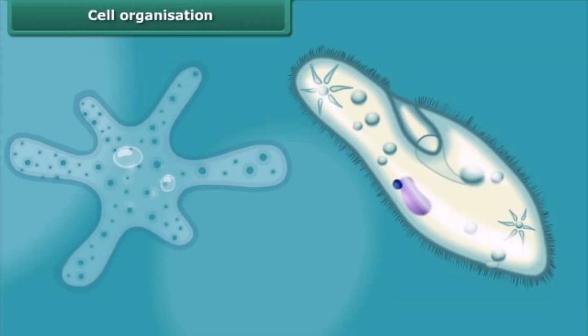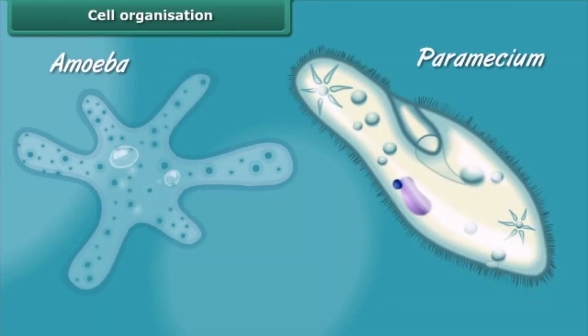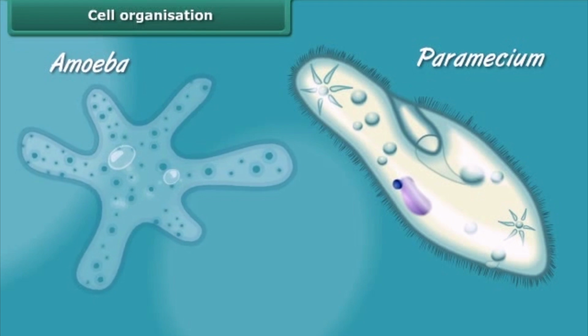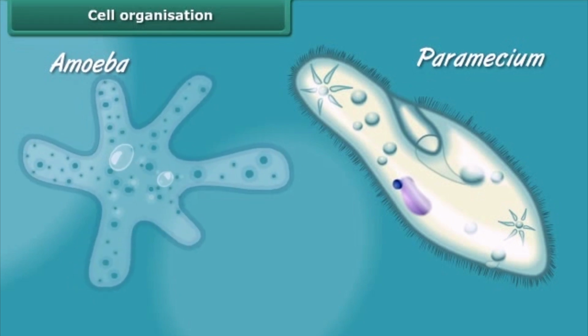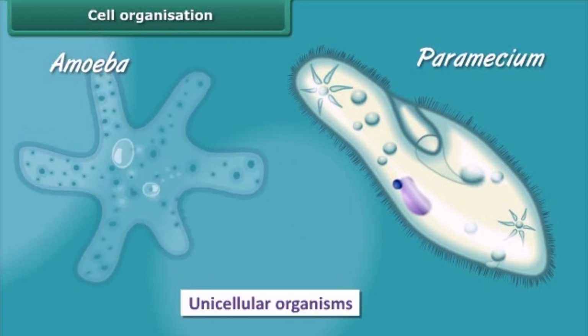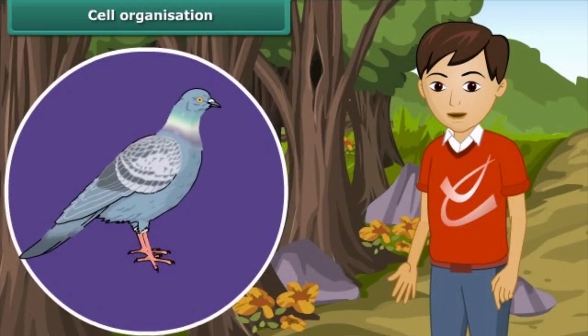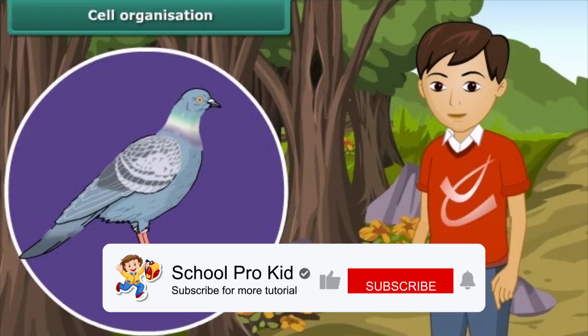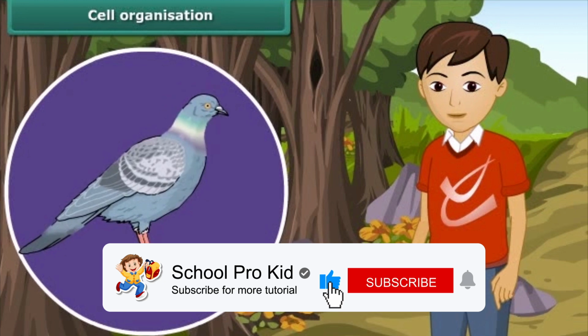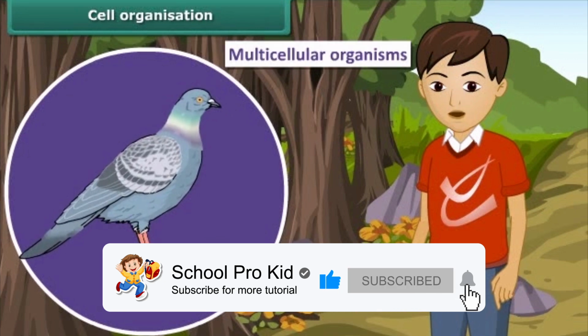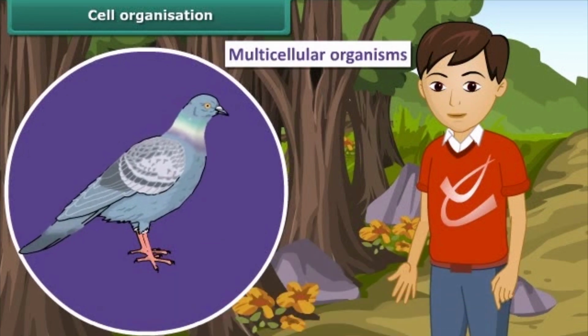Small-sized organisms, like amoeba and paramecium, are made up of one cell. They are called unicellular organisms. Human beings, pigeons, and mango tree are made up of many cells, so they are called multicellular organisms.